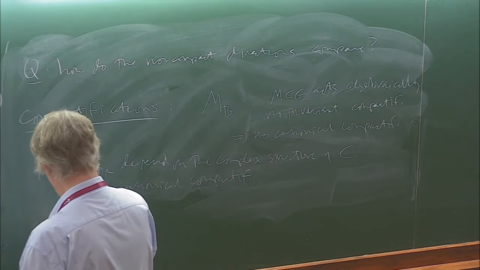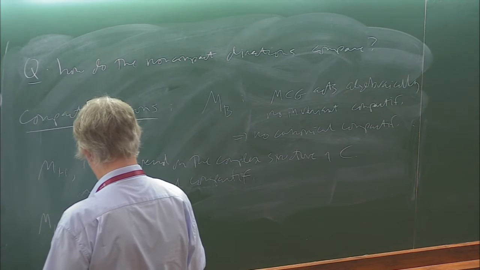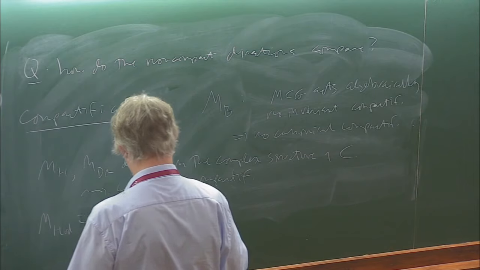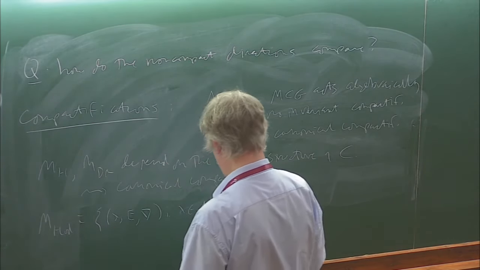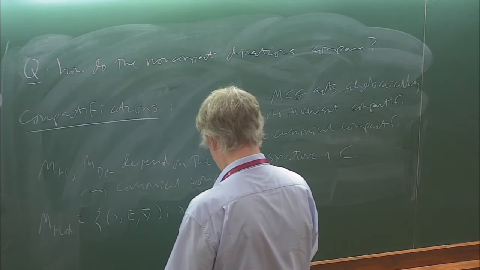How can you do this? Well, one way is to define M Hodge as the moduli space of lambda-connections (E, ∇). Many of you know this already. If you don't, you can look it up.